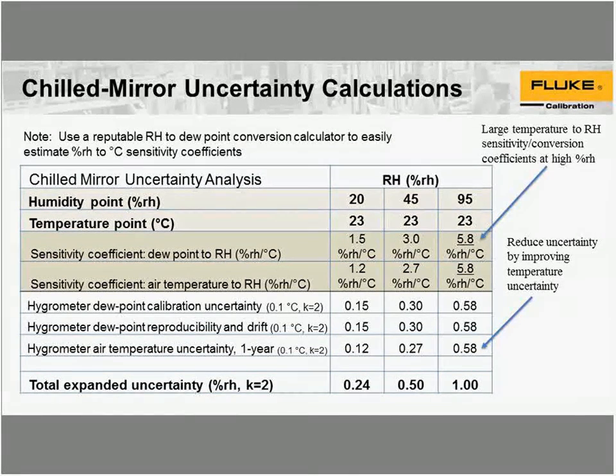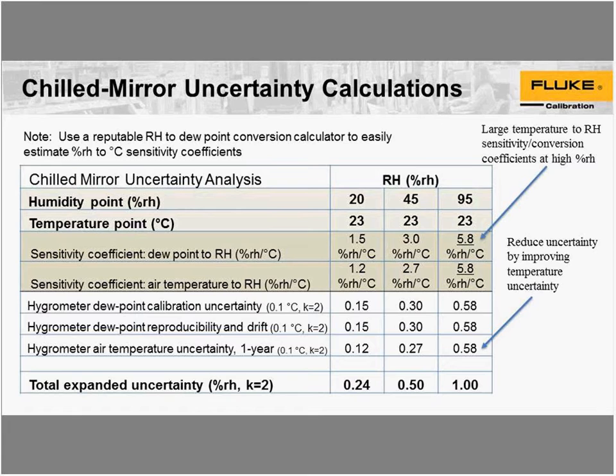Okay. And that sensitivity coefficient, we have to have a sensitivity coefficient for converting dew point to percent RH, and then we also need a sensitivity coefficient for converting air temperature to relative humidity. They're pretty similar in size, but they can vary a little bit depending on the humidity.